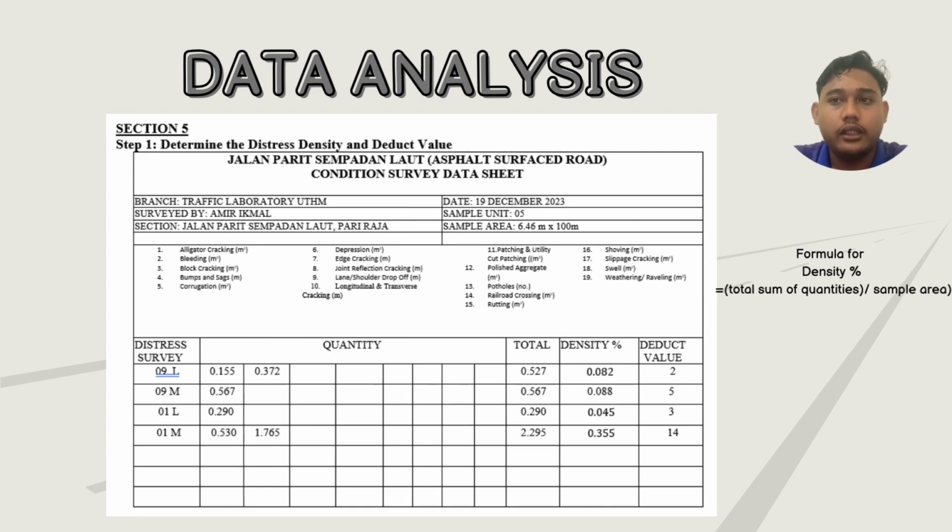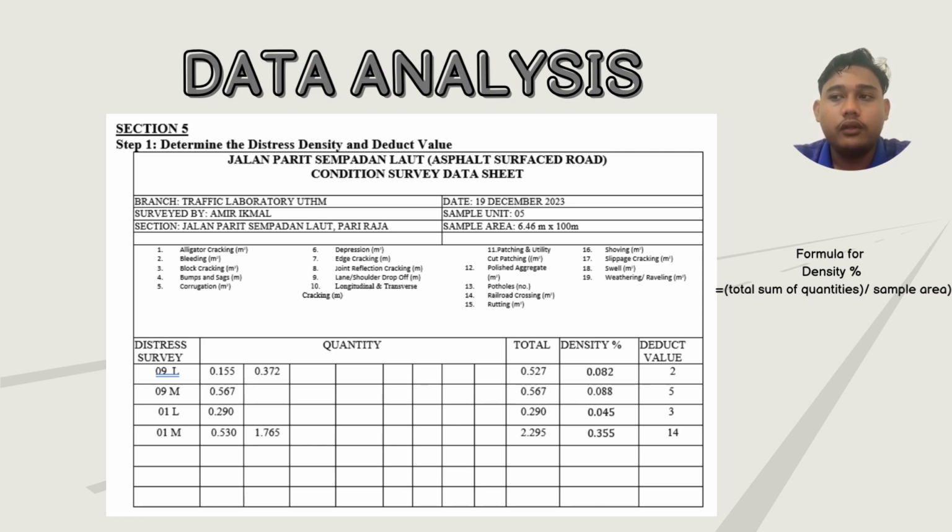So step 1 is determine the distress density and deduct value. The distress in this road we get is lane shoulder drop off and alligator cracking. For shoulder drop off, we have two types, low and medium, and alligator cracking has two types, low and medium.